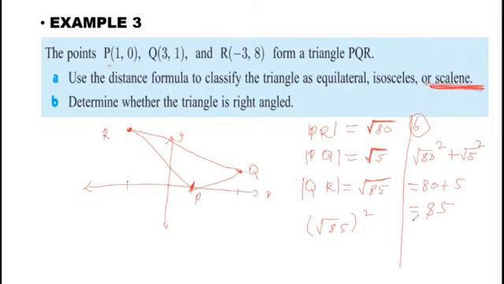So since the sum of the squares of the other 2 sides, which is this plus this, is the same as the square of this side, then it means that this is a right angled triangle. And that's how we determine if a shape is a right angled triangle or not, by using the converse of the Pythagoras theorem.